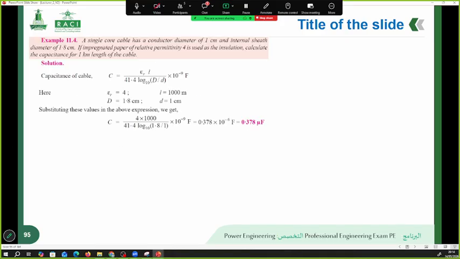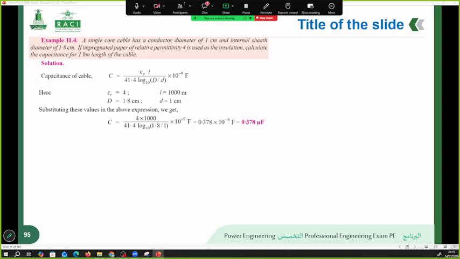So here we have one example. This is a practical example illustrating how to apply the capacitance formula to a real cable. A single core cable is considered where the conductor diameter and the inner shield diameter define the geometric ratio D over d, and the insulating material is characterized by its relative permittivity.